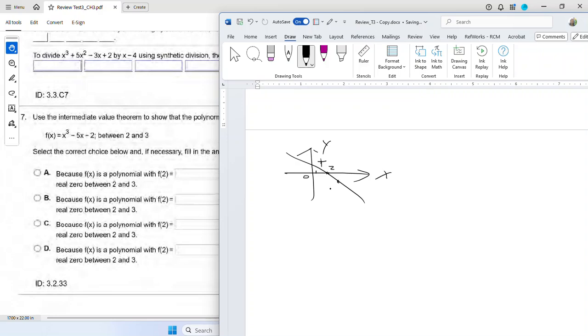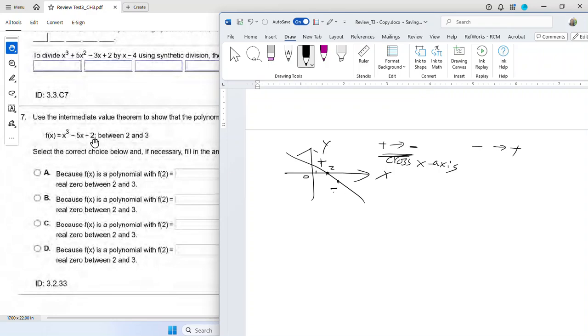After 2, y is negative. When y changes sign from positive to negative, or from negative to positive, it has crossed the x-axis, which means y must be 0 at a certain point in order to change from positive to negative.